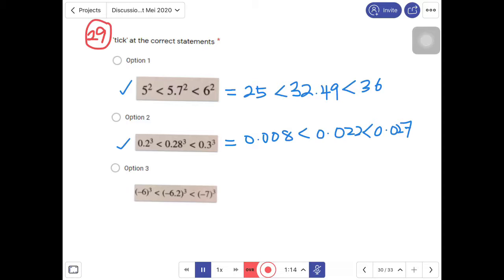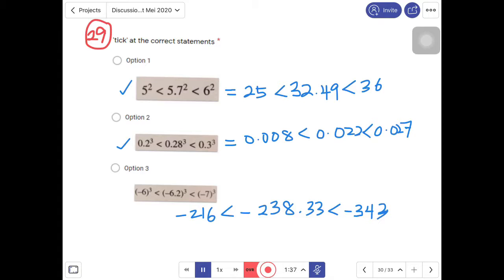And for option number 3, it's negative 216 is less than negative 238.33 and less than negative 343.